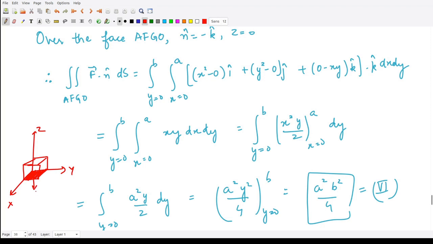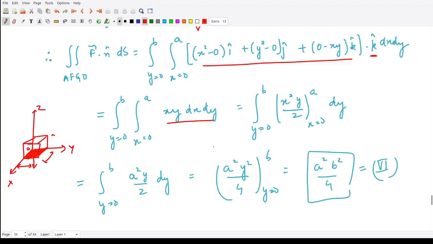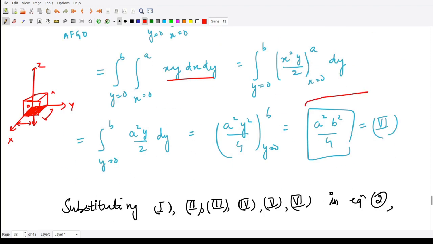Now this direction is the negative of z direction, so the unit vector here would be minus k cap, and the value of z is equal to 0 at every point. The only things varying are x as well as y here, right? So we have the vector f and the direction n cap, so you take the dot product here, solve this integration, and finally you obtain the value, this one.